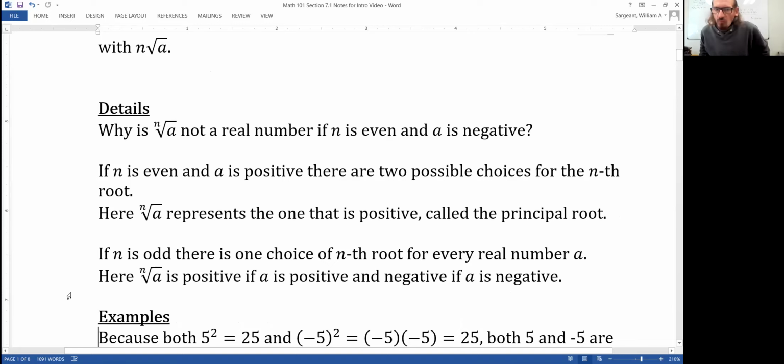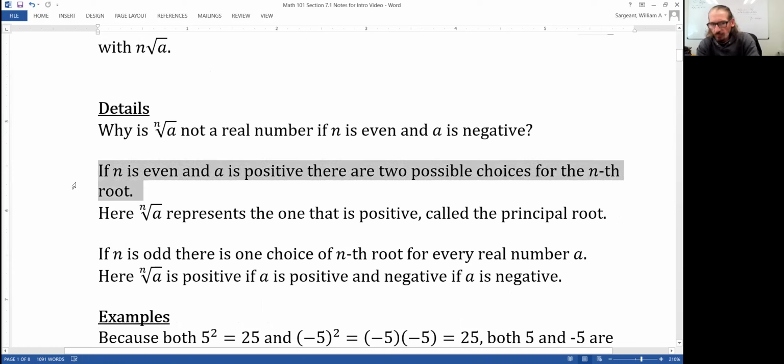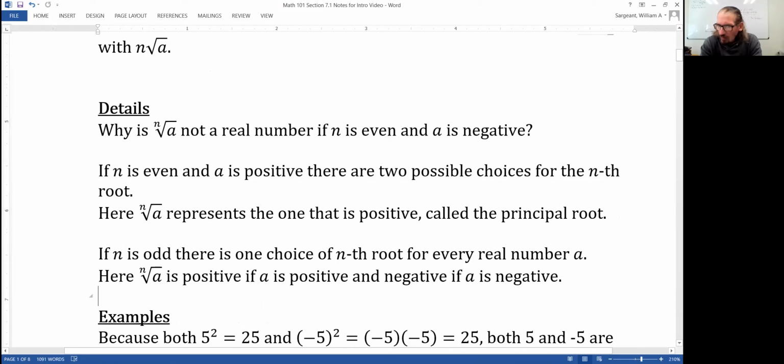All right, so addressing this part right here first. You take 5 and square it, you get 25. But also when you take negative 5 and square it, notice how I've got parentheses there before we do the squaring. That negative 5 is in parentheses.